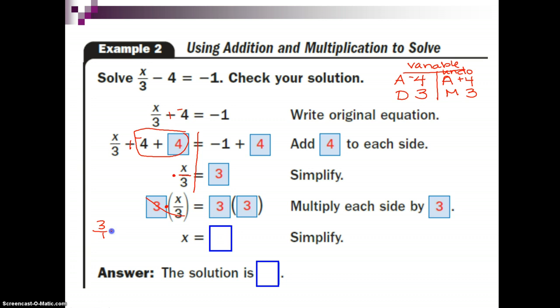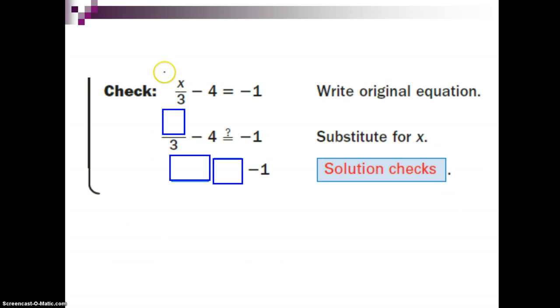Remember, technically this looks like 3x over 3. The 3's cancel out, and you just get left with an x. 3 times 3 is 9. The solution is 9. Remember, you can always go back up and check your work. Put the 9 in. 9 divided by 3 is 3, minus 4. Yep, it's negative 1. It checks.